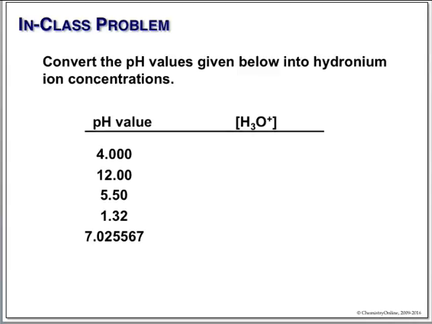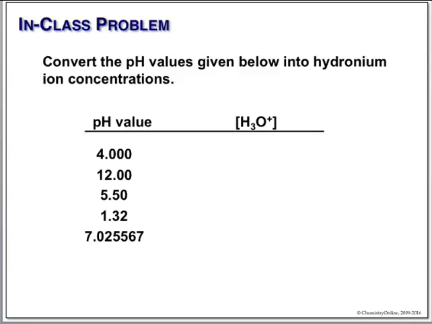If I tell you the pH value is 4, what's the hydronium? Remember, we want to take 10 to the minus pH. So this is simply 10 to the minus 4, isn't it?